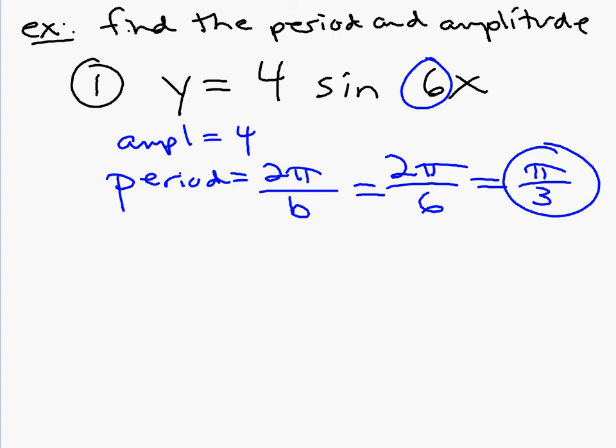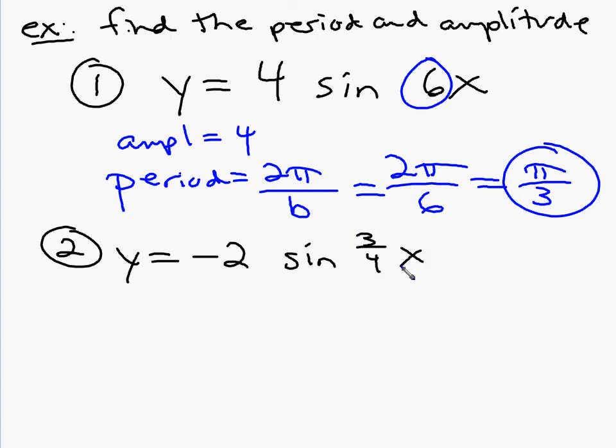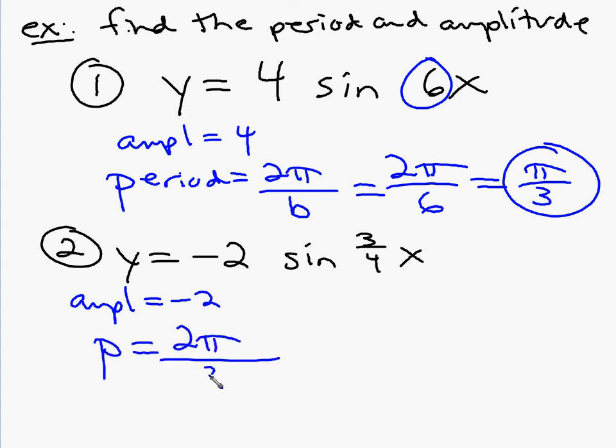And we're going to talk about how that impacts the graphs later. One little thing that I know might become a question, what if I had this one? Y equals -2 sine of 3/4 x. Well, the amplitude is -2. That's easy. But the period is 2 pi divided by 3/4.